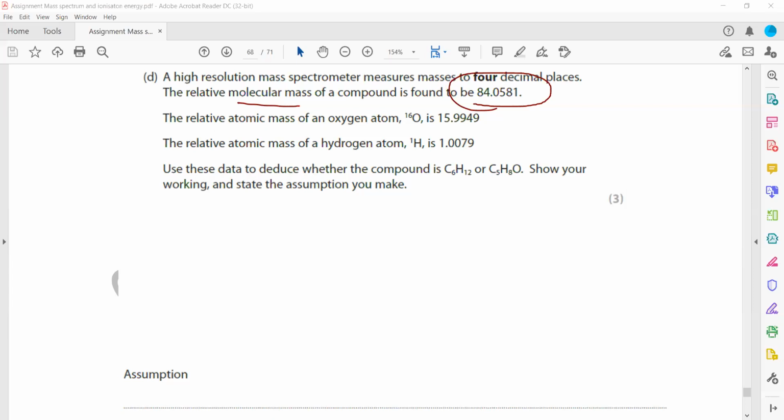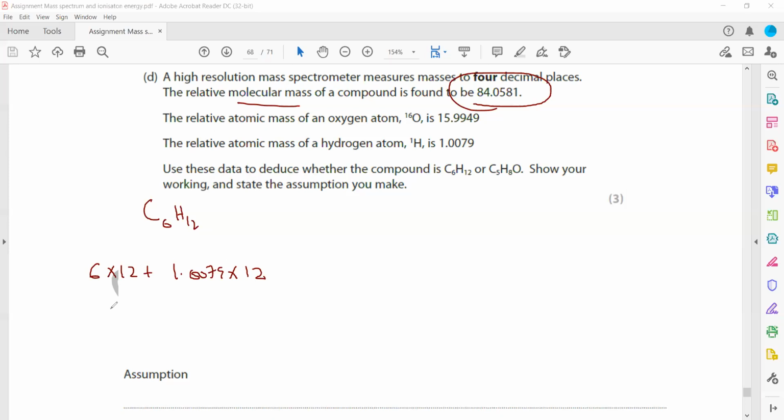The mass of carbon is not given, so you have to assume that carbon is 12. That is the assumption they mention. If it is C6H12, our assumption is that the mass of carbon is exactly 12. So 6 multiplied by 12 plus hydrogen. What is the mass of one hydrogen? It is 1.0079 multiplied by 12. What's the answer for this?